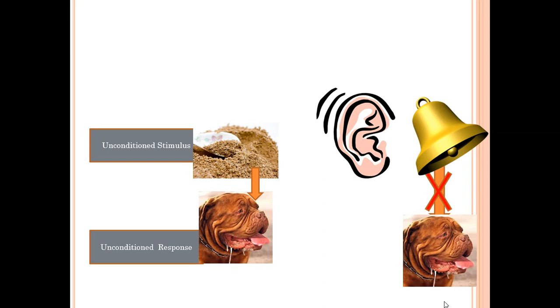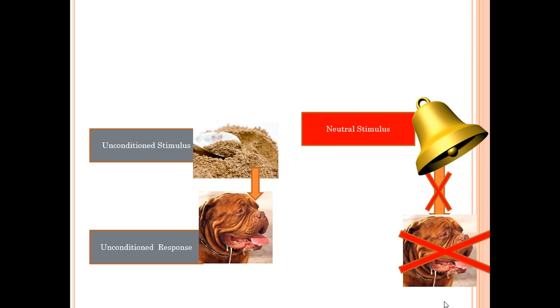Now, a bell does not naturally or automatically make a dog salivate, right? Hearing a bell might make the dog turn to look at the bell or bark even, but dogs don't salivate to bells. No one salivates to bells. So the bell is what we call the neutral stimulus.